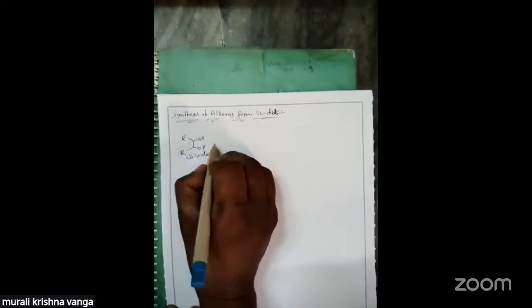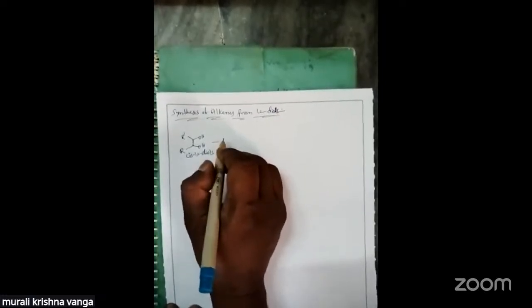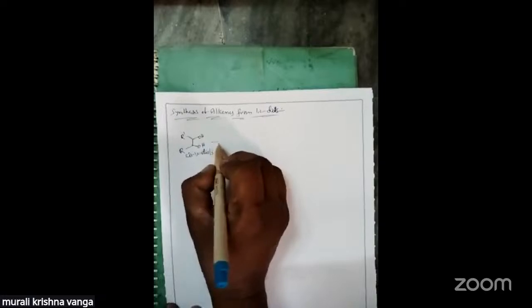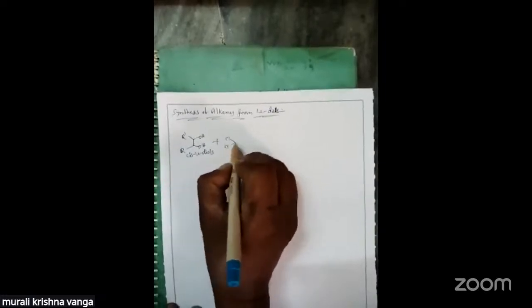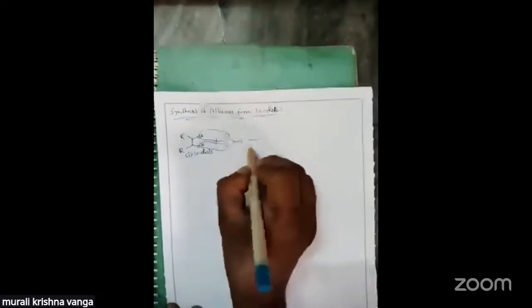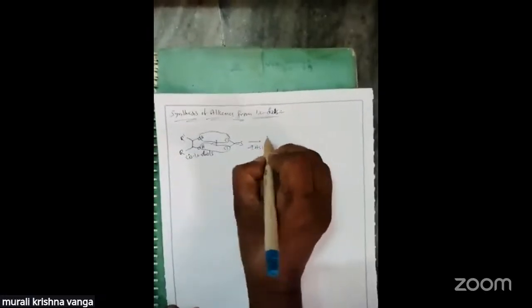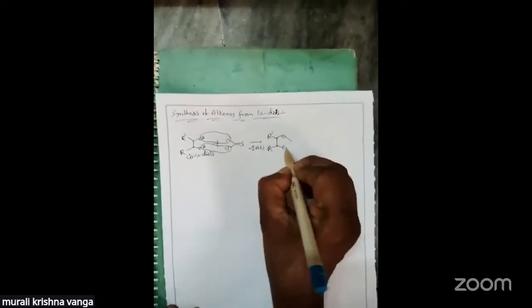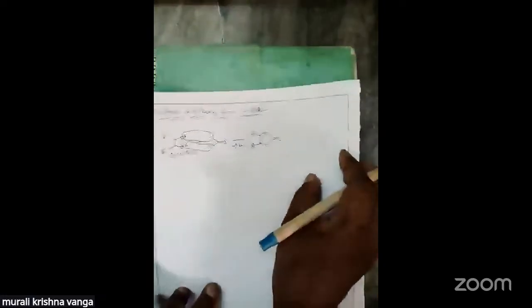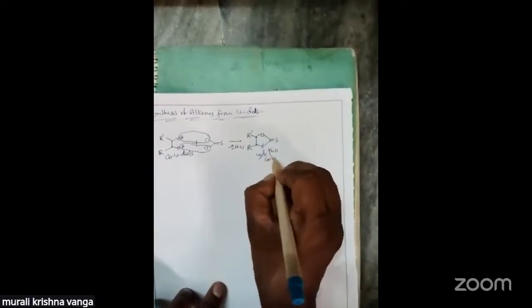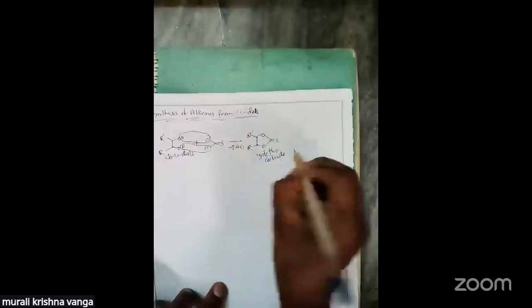When cis 1,2 diols react with thiophosgene, 2 moles of HCl are eliminated, and the product is a cyclic thiocarbonate.